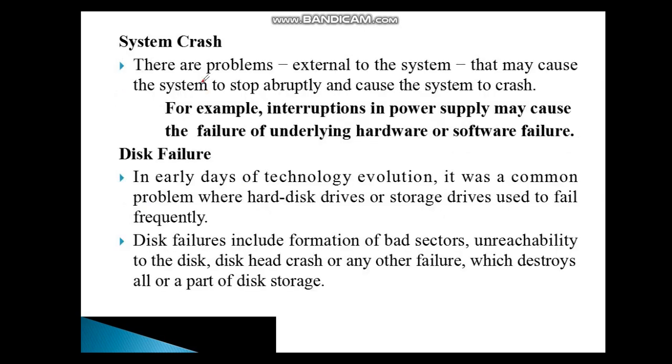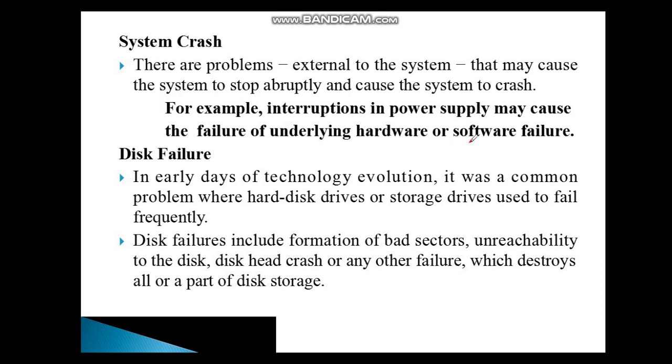Next, system crash. There are problems external to the system that may cause the system to stop abruptly and crash. For example, interruptions in power supply may cause the failure of underlying hardware or software.